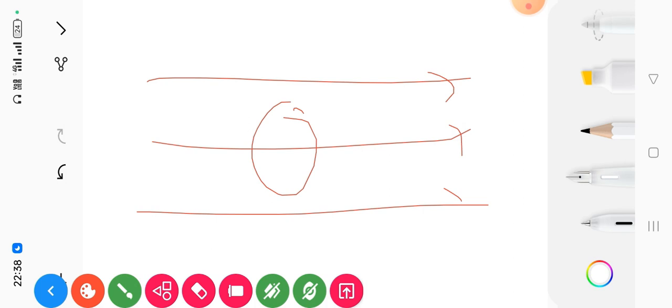90 degrees. It is not 90 degrees. You will say that it seems like 90 degrees. Why is it not 90 degrees? I'll tell you why. Just imagine what the area vector is. The area vector is the vector whose direction is perpendicular to the surface.